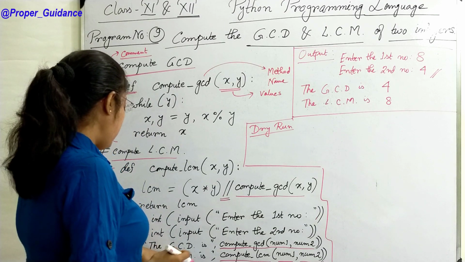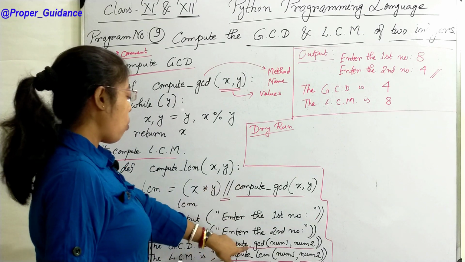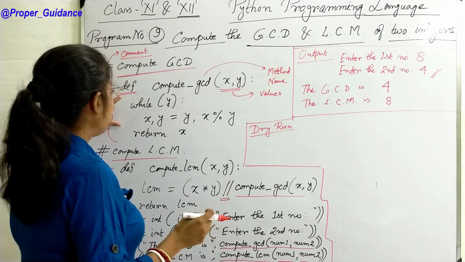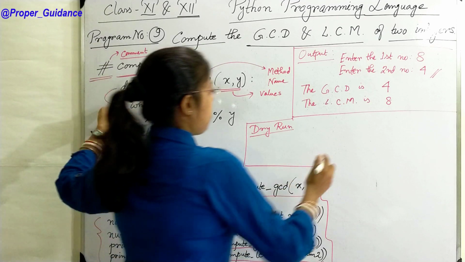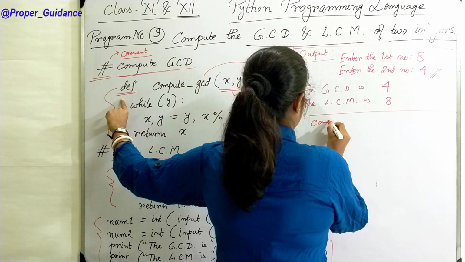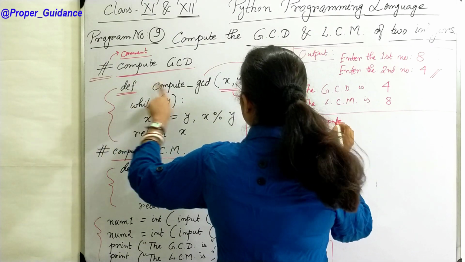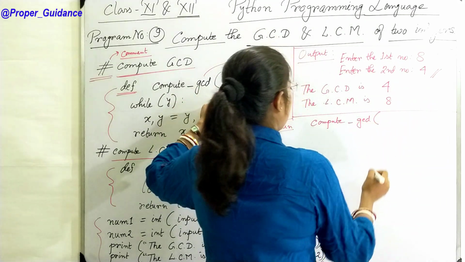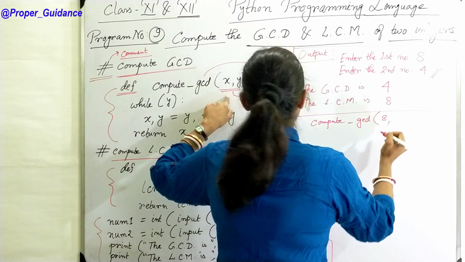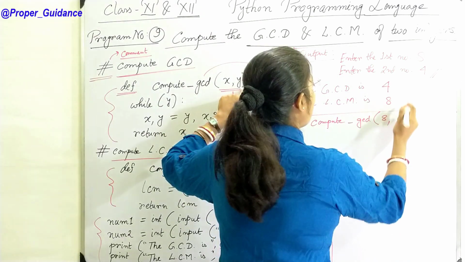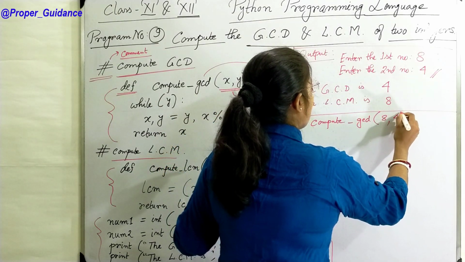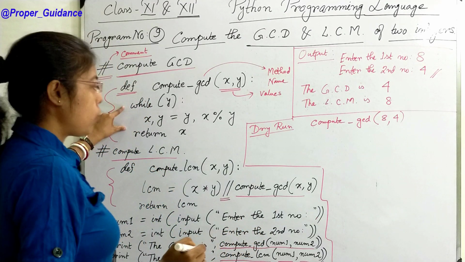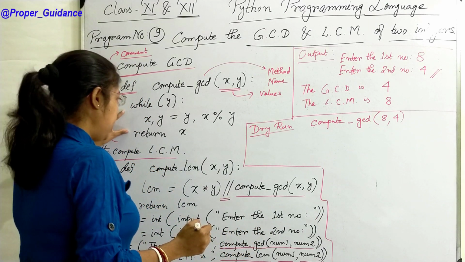After that, when we write the GCD is and call compute GCD, the program will execute that function. In compute GCD, num1 is 8, that is x, and num2 is 4, that is y. Now the section within this method will be executed.